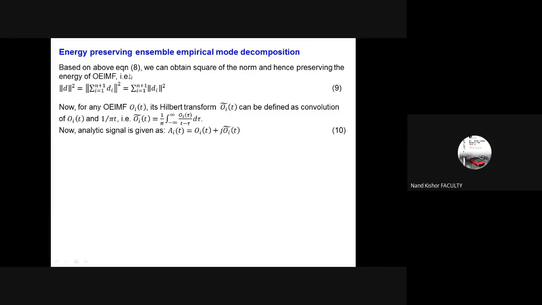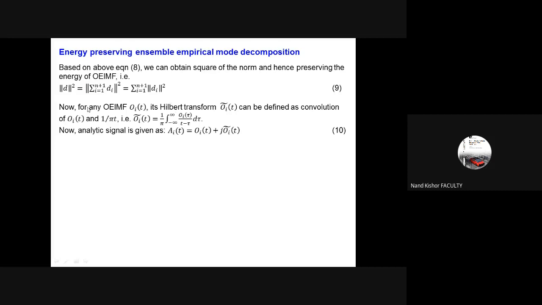So following the previous equation, we obtain the square of the norms so as to know whether the energy leakage is preserved or not. So we need to test the energy content of the signal. That means the energy content of the original signal and the energy content of the orthogonally decomposed signal should be exactly matched. Only then do we say that energy leakage is preserved.